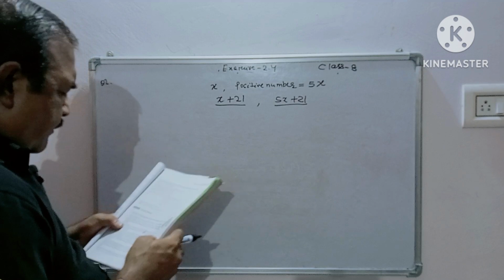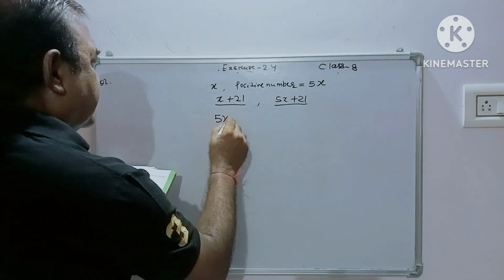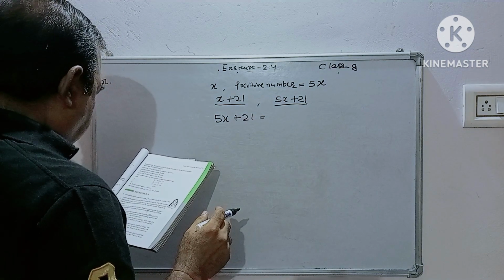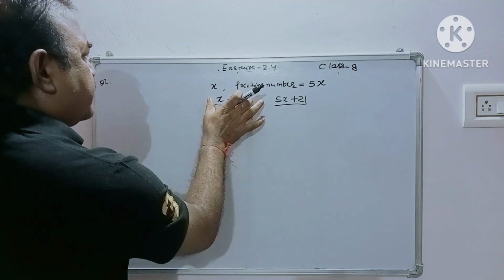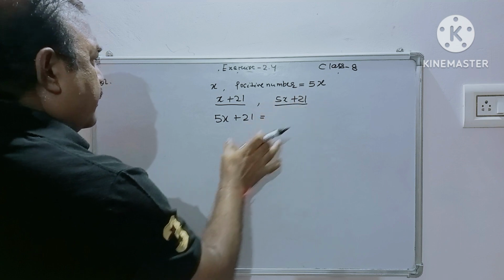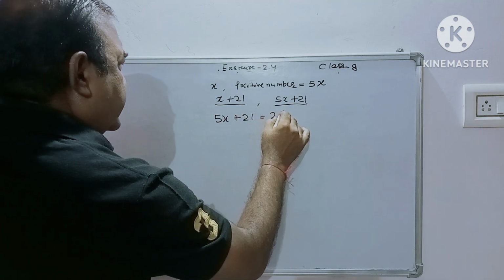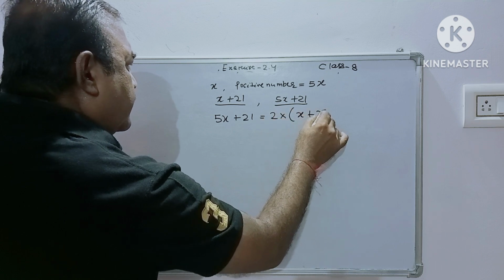So if I write 5x plus 21, that is equal to twice the new number. Both are the new numbers: x plus 21 is one new number and 5x plus 21 is another new number. So I write 5x plus 21 equals 2 multiplied by x plus 21.